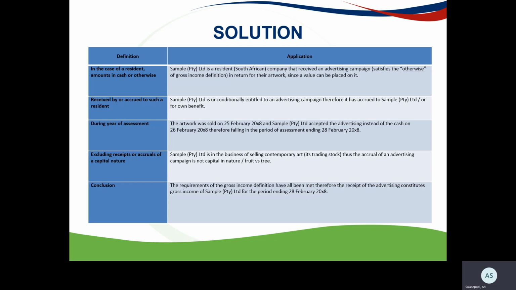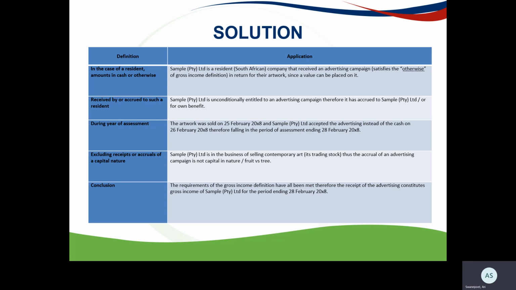Sample is a resident company, and there was an amount received otherwise than in cash. They received the advertising campaign of 10,000 Rand, and then received by or accrued to such a resident. And Sample received the advertising campaign, or was entitled to the advertising campaign.